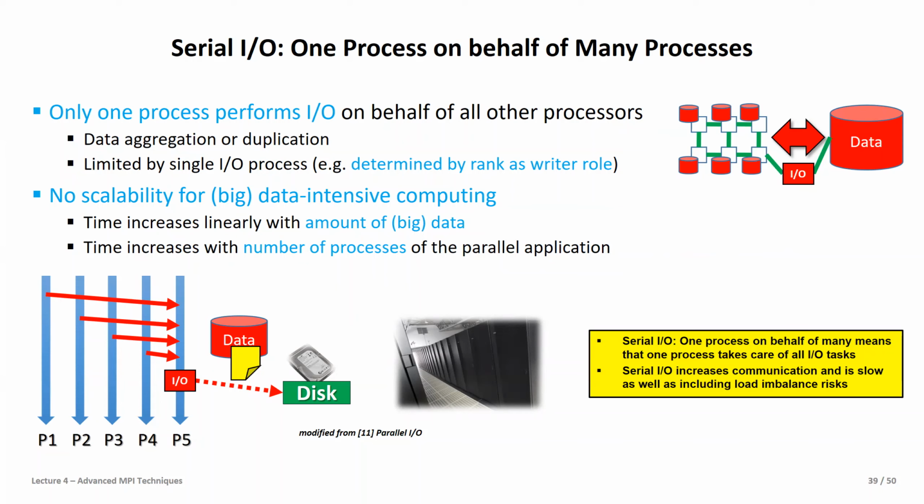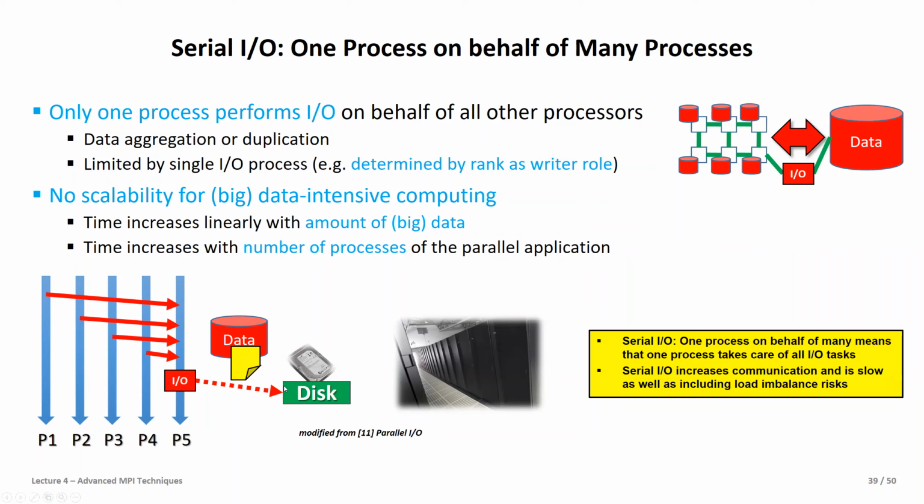But to understand parallel I/O, it is important to understand what serial I/O would be, if you would do this. And this absolutely doesn't help here. If you have a small application, like some of the assignment applications we have, in theory you could implement this, and it's maybe not the biggest problem if you have a very small problem. But of course, it's not a scalable solution if you go to really large problems.